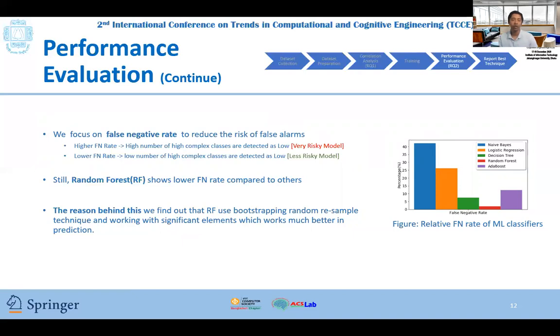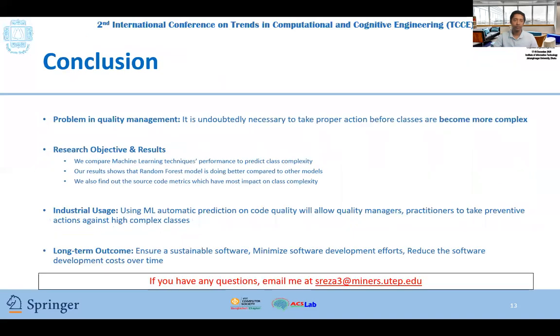So we need a lower FN rate. We can see from the right graph, random forest shows the lower FN rate. So you can tell random forest is the best technique to detect software complexity.